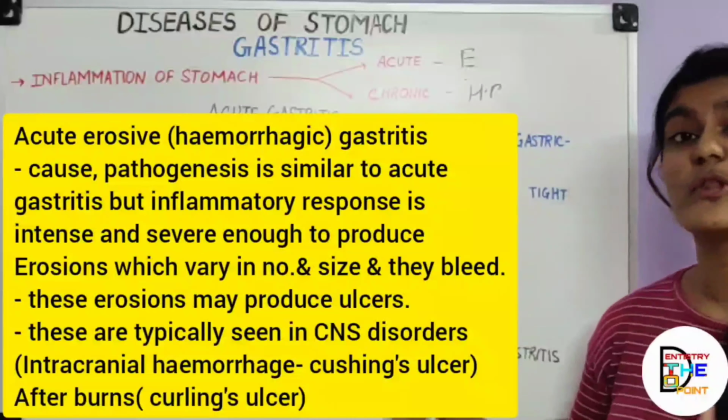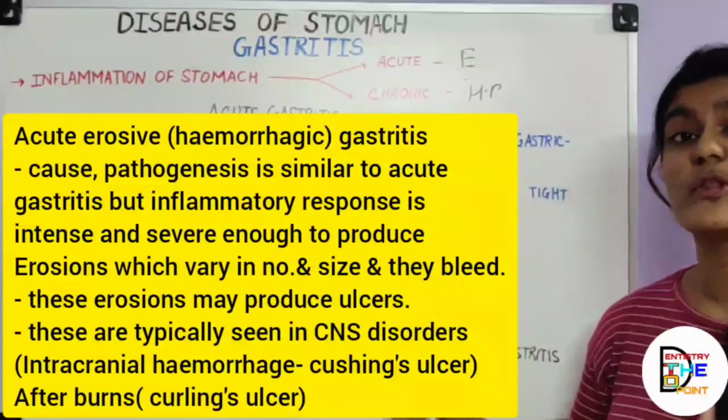It causes varying numbers of erosions in the gastric mucosa which also ulcerate and bleed. So it is nothing but an intense variety, and more commonly the etiological factors are those related to your CNS or central nervous system manifestations, like your burns, which are your Curling's ulcers. Then you have your post-operative causes. So these are more associated with acute erosive or hemorrhagic gastritis.